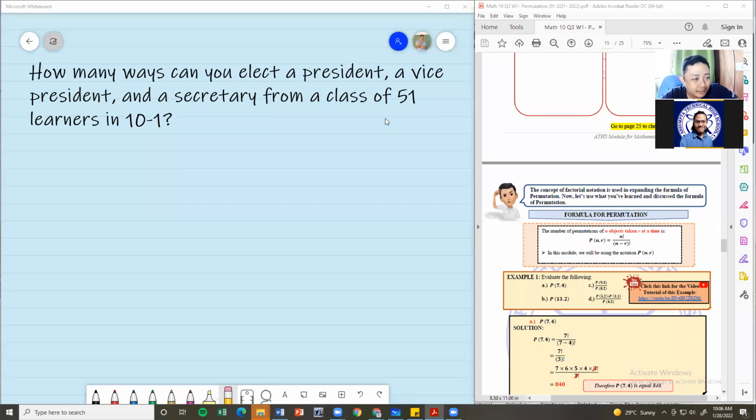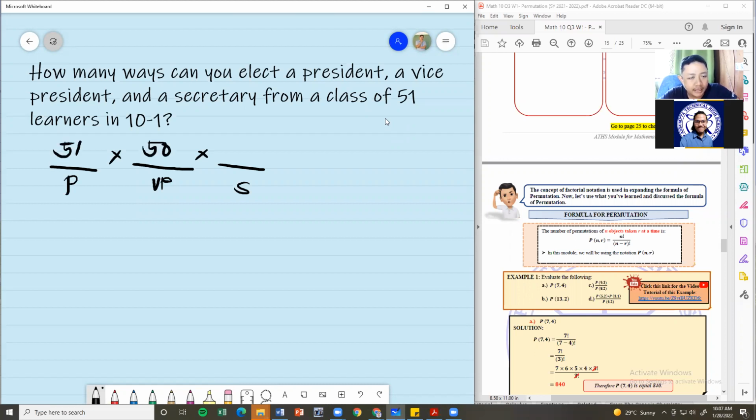Let's try. We have 3 positions, 3 events. So we have the president, the vice president, and the secretary. P, VP, secretary. Of course, no repetition too. 51, 50, and 49.